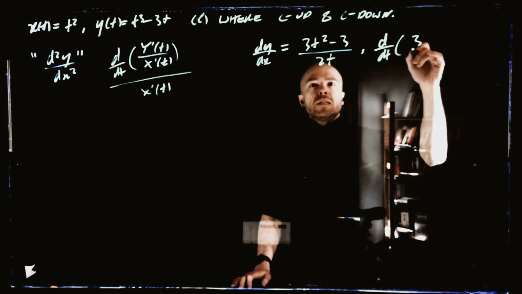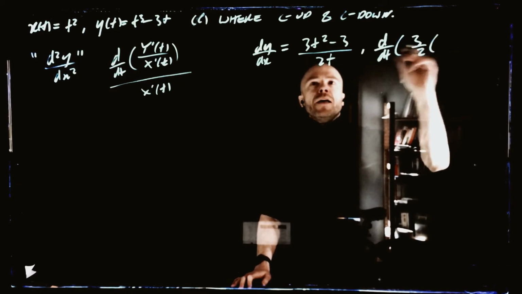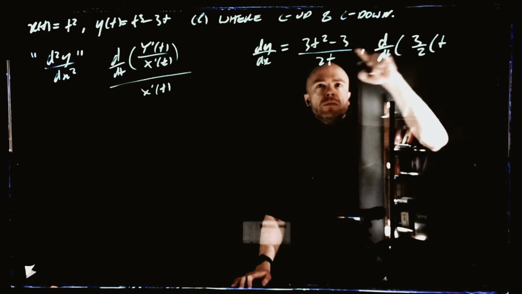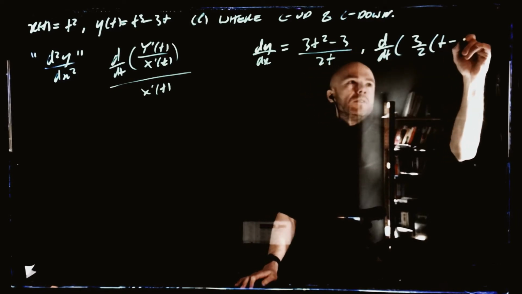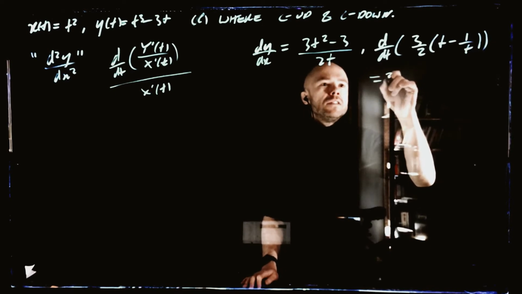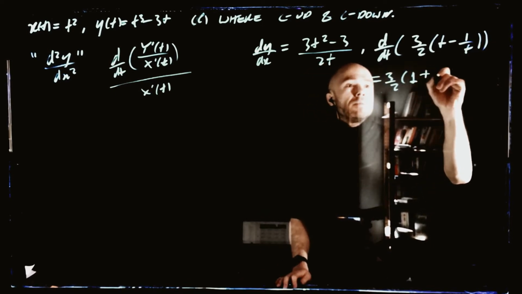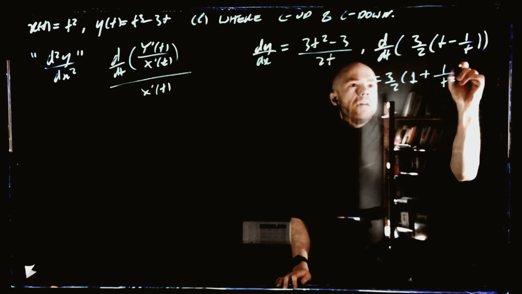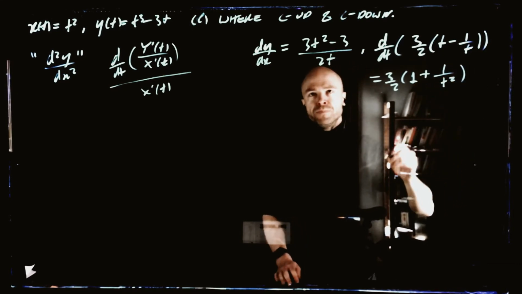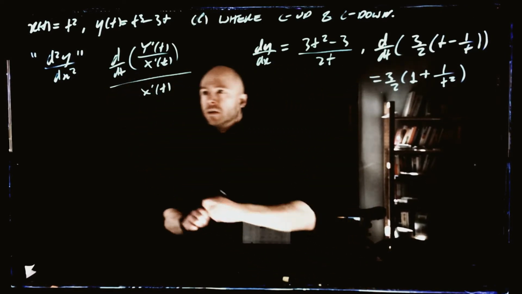Well, we can clean this up a little bit. Let's factor out a 3 over 2. And then this thing becomes just t, and then this thing becomes minus 1 over t like this, right? And then what is this? This is 3 over 2, and then this thing becomes 1, and then this thing becomes plus 1 over t squared, like this. Yeah? So that part is this part over here.